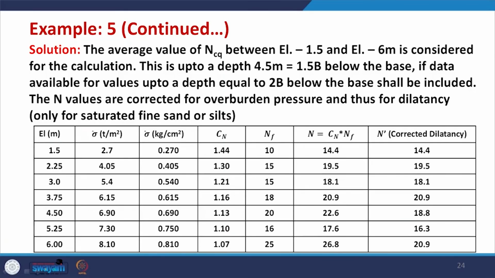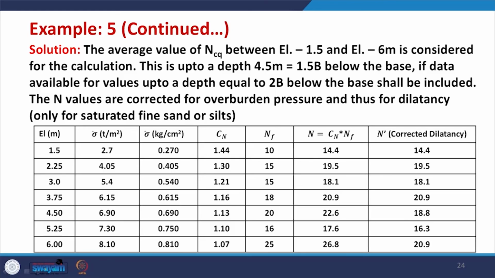So, N_f multiplied by Cn gives you the corrected value of N, corrected due to overburden pressure. Then you need to apply the correction due to dilatancy, but the correction due to dilatancy will start only from 4.5 meter, and that also only if your N values are more than 15, and all three values are more than 15.